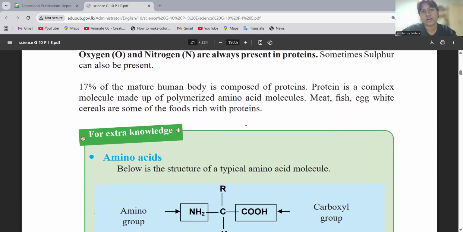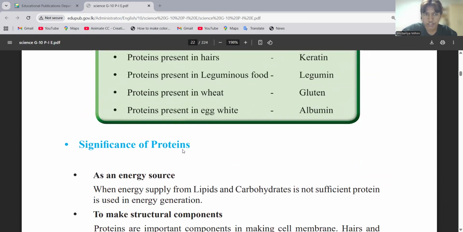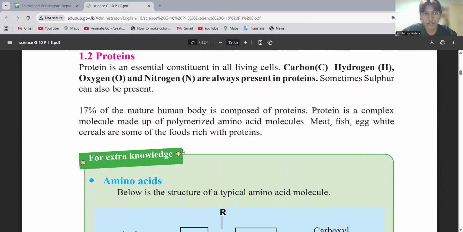So you can see 17% of the mature human body consists of proteins. Not as much as carbohydrates, but proteins are also an important part of our body. And as we go through, we'll see why it's important in our daily lives, right? So this is not a very big part.